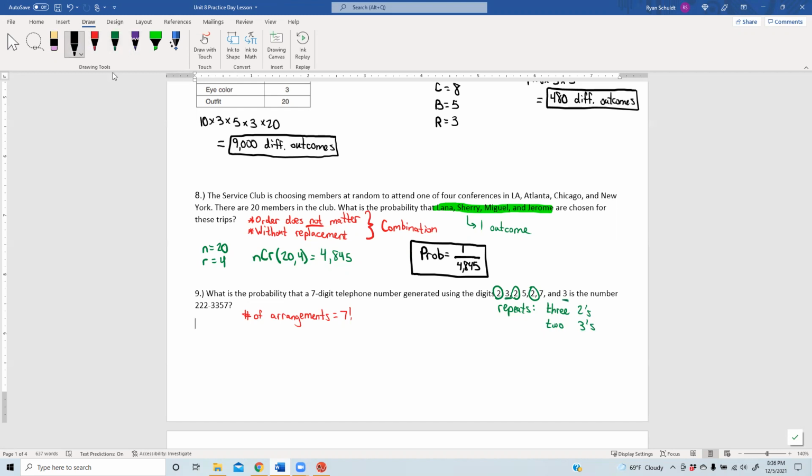So how many different numbers could we have? Well, the unique phone numbers would be 7 factorial over 3 factorial times 2 factorial.